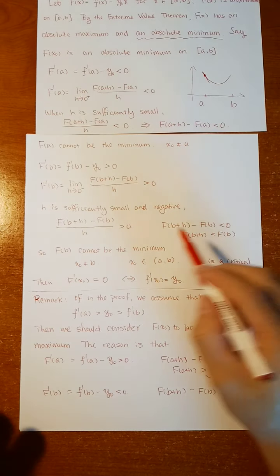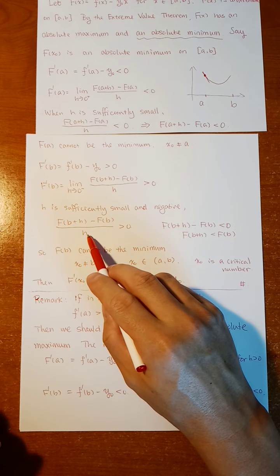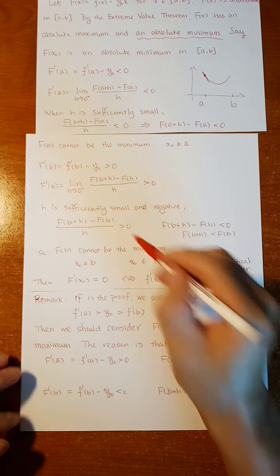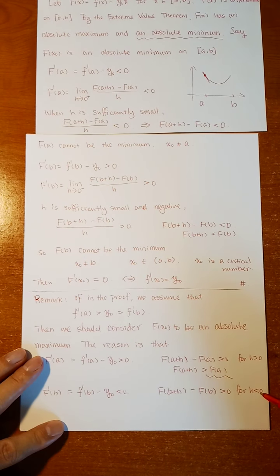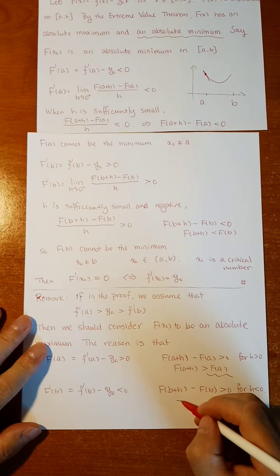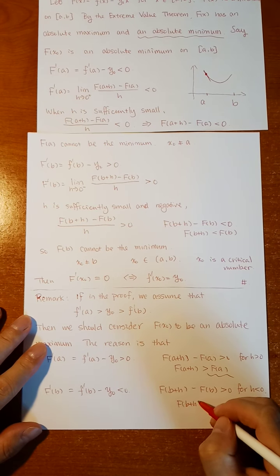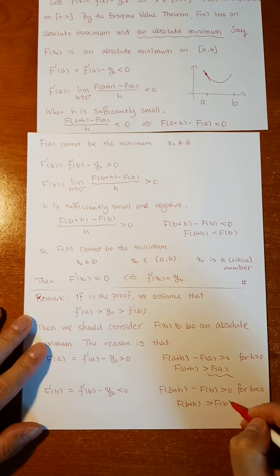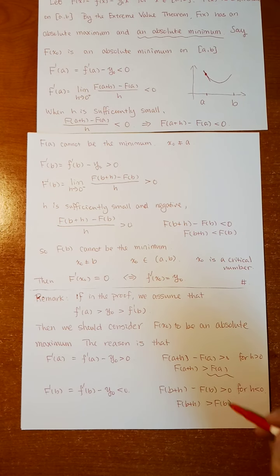Be careful, this h is negative. The numerator is negative, the ratio is positive. Here h is negative, numerator is positive, the ratio is negative. So f of b plus h is going to be greater than f of b. So f of b cannot be the maximum value.